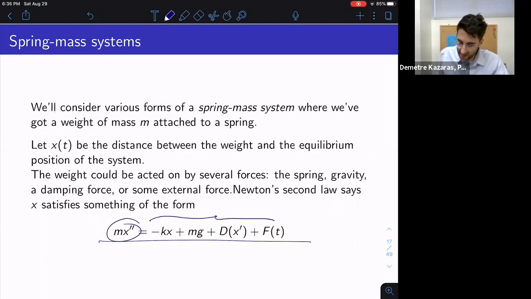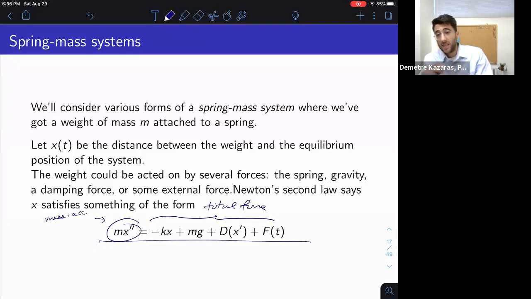On the right-hand side, this is total force. I'll explain each of these terms individually. Not that big a deal, but I will. And then the left-hand side is mass times acceleration. So this whole equation is just Newton's second law.